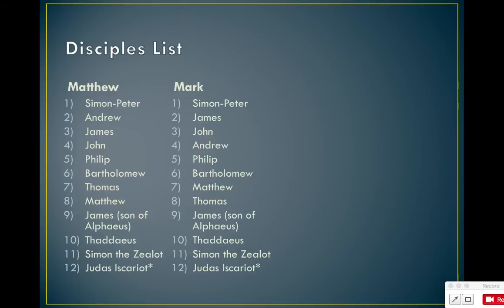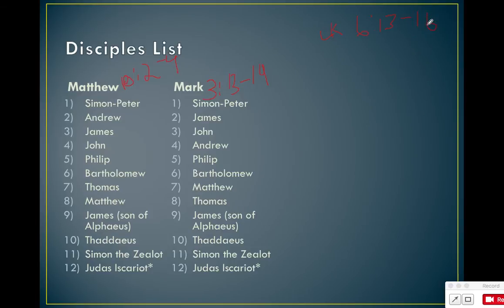The first one is Matthew chapter 10, verses 2 through 4. Mark 3, 13 through 19. And then Luke 6, 13 through 16.